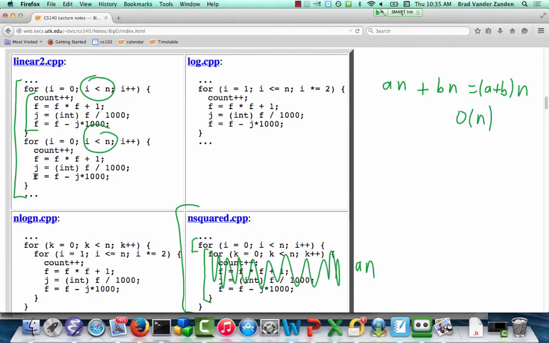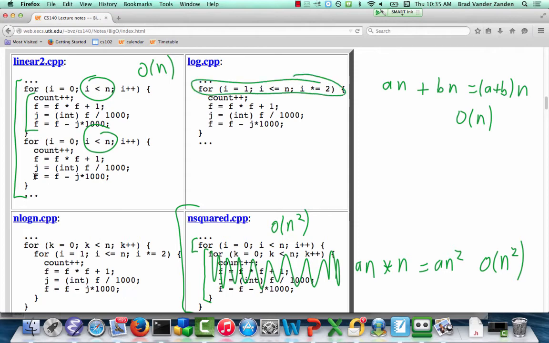The outer loop executes n times. So we have an squared, so that gives us order n squared for this one. The other 2 require a little more sophisticated knowledge of math.